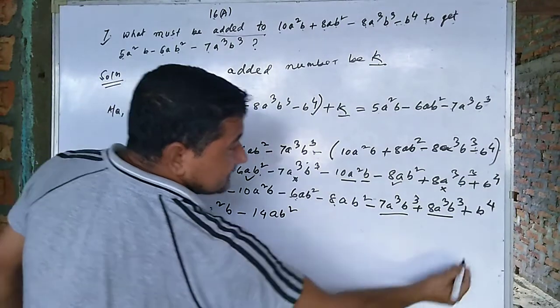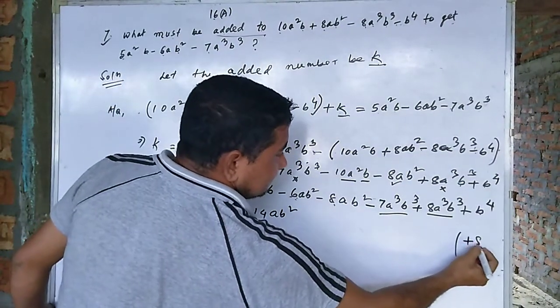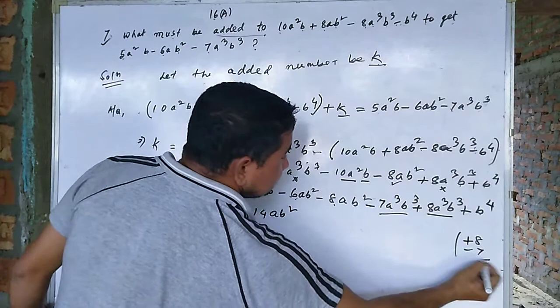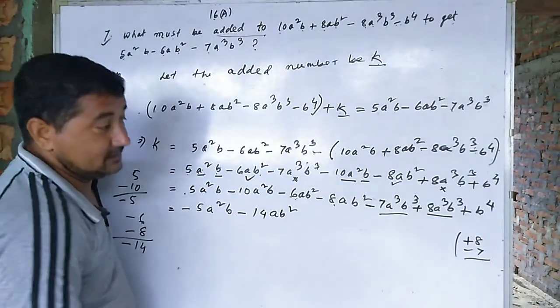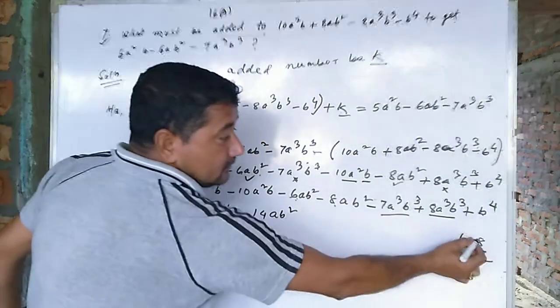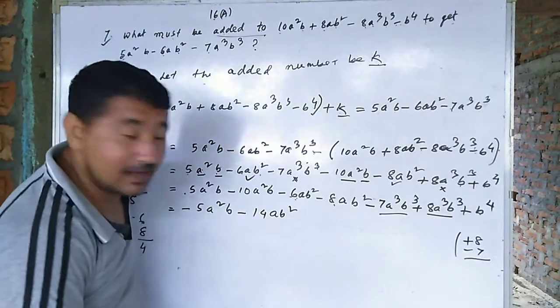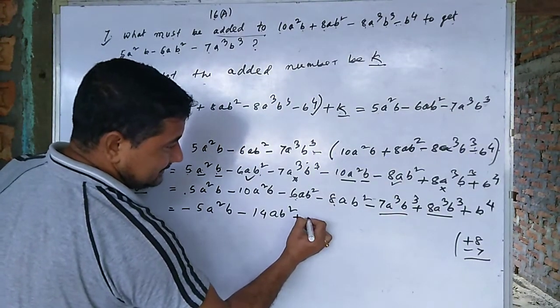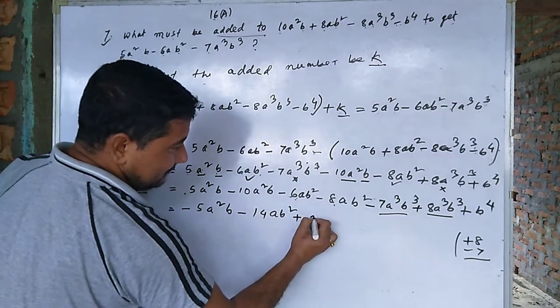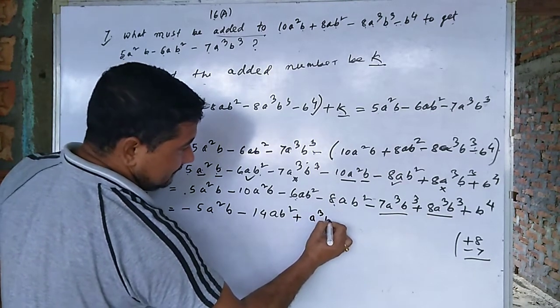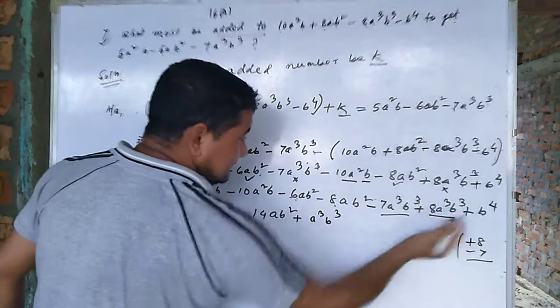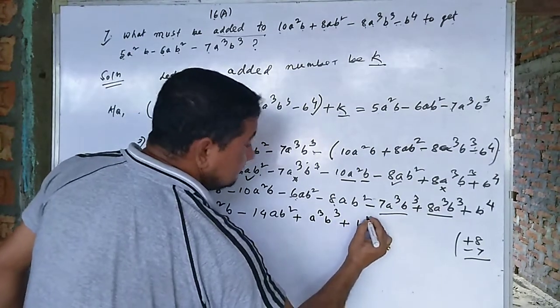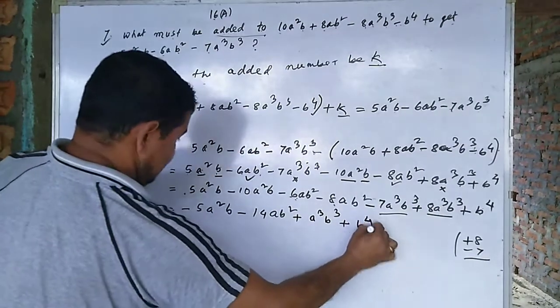After this, plus 8 minus 7 is plus 1, so we can write a cube b cube. The last term is b to the power 4. This is our answer.